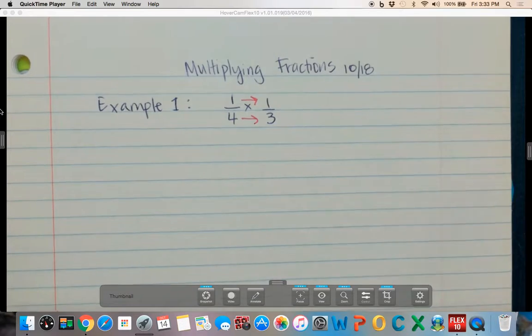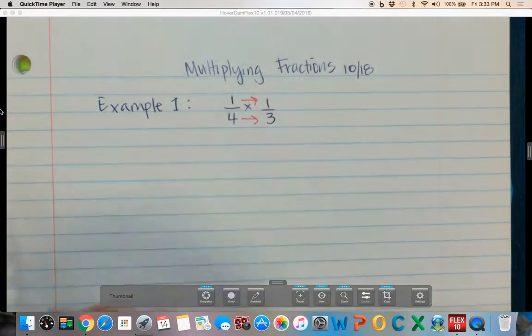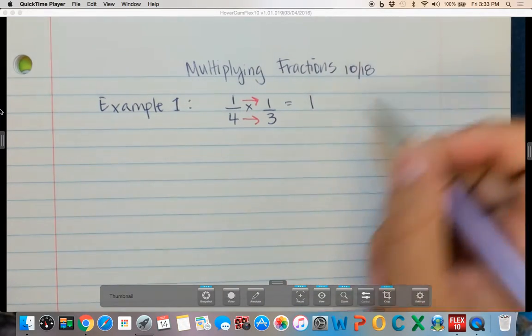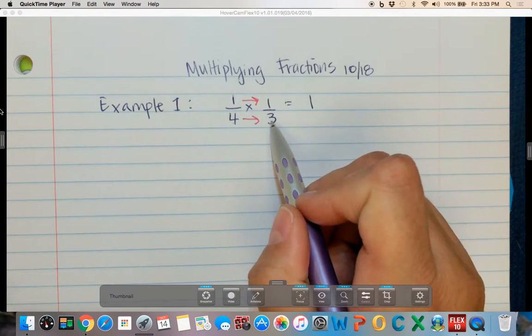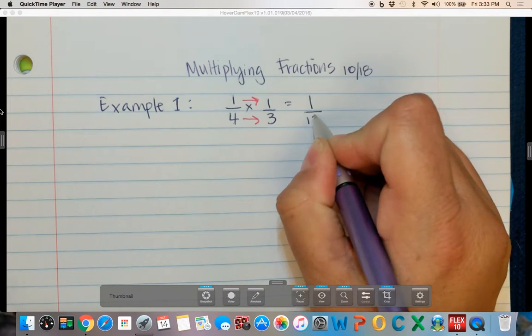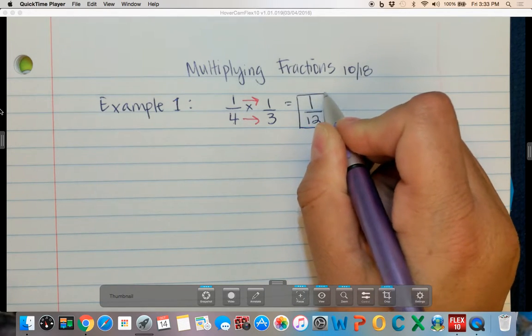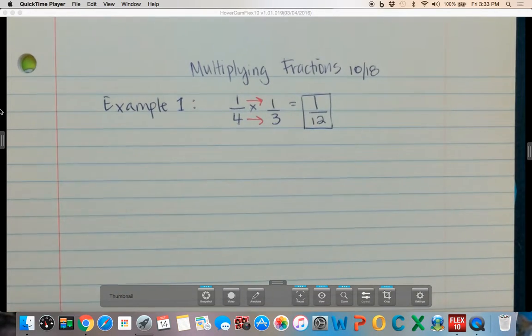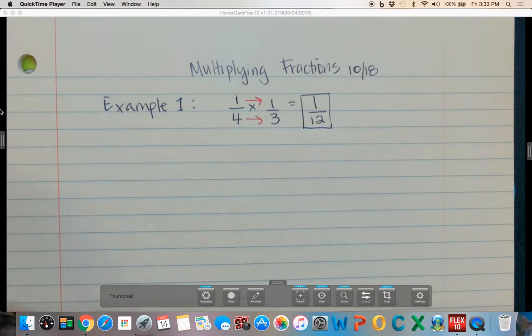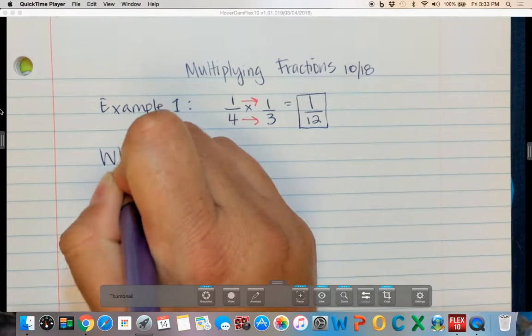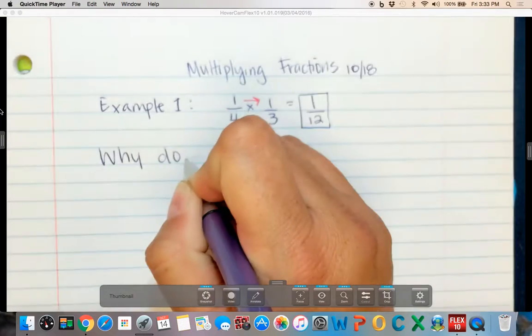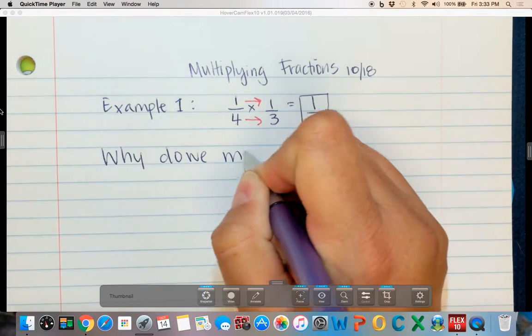You multiply the 1 times the 1, which is 1, and the 4 times the 3, which is 12, for an answer of 1/12. Why? All right, so here's my question. Why do we multiply fractions?